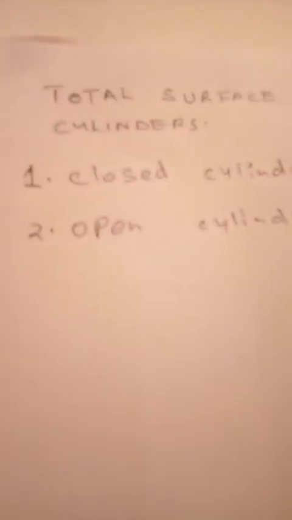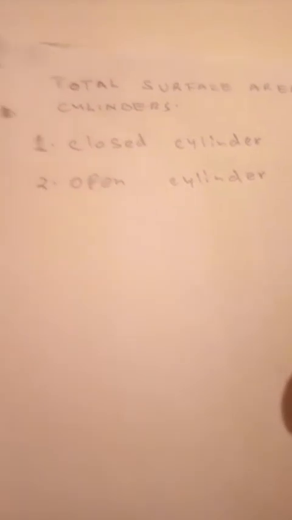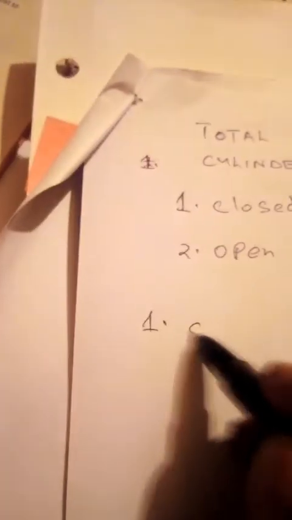So we are going to talk about the total surface area of cylinders. We have two types of cylinders, that is closed cylinder and open cylinder. Now we are going to start with the first type of cylinder, which is called the closed cylinder.